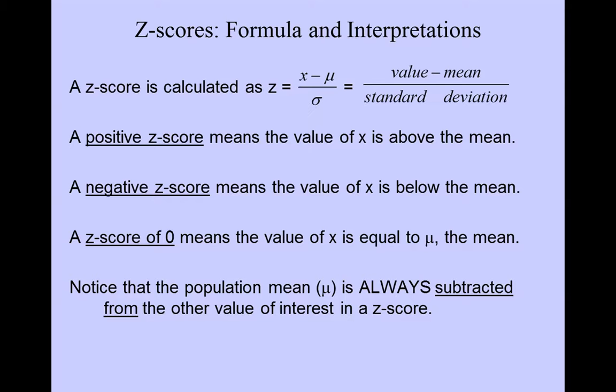A positive z-score means the value of x is above the mean. A negative z-score means the value of x is below the mean. A z-score of 0 means the value of x is equal to the mean mu. Notice that the population mean mu is always subtracted from the other value of interest in the numerator of a z-score.